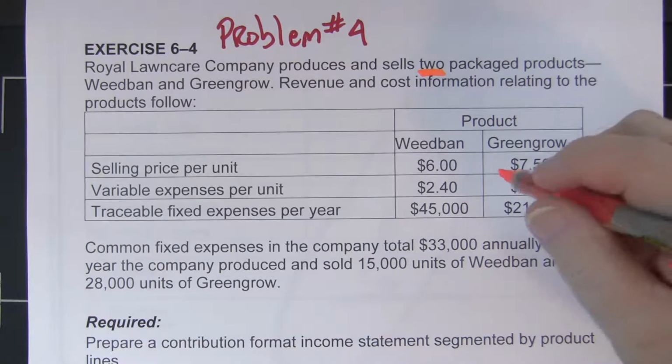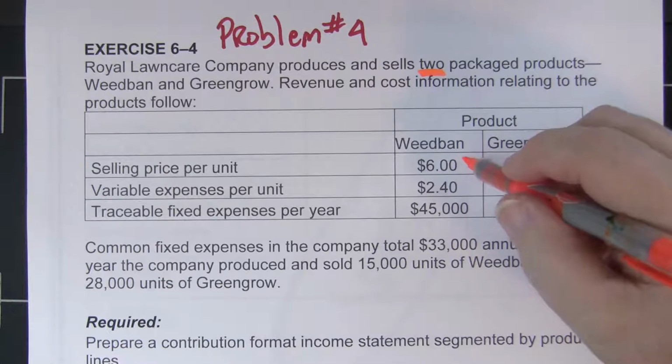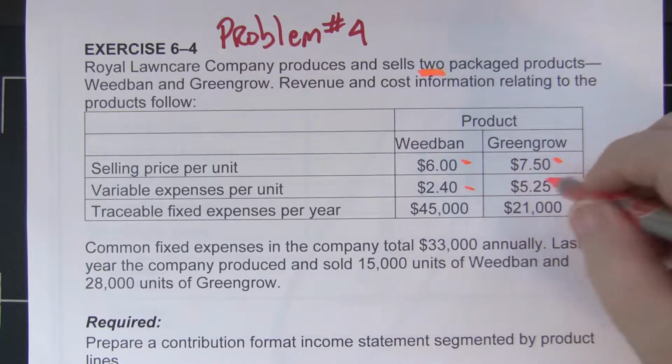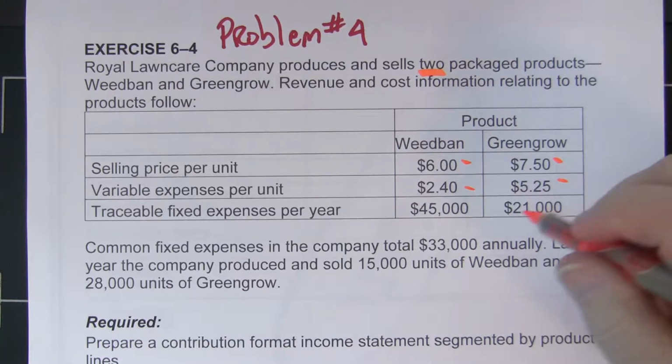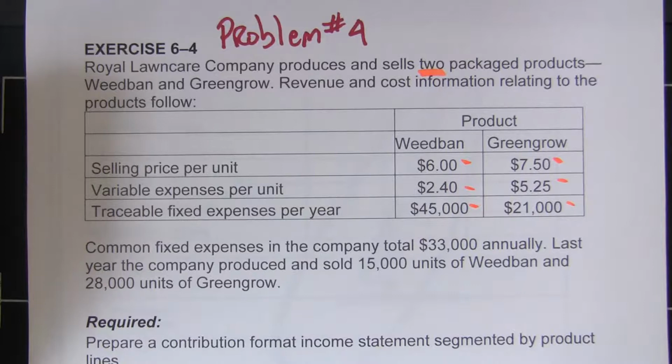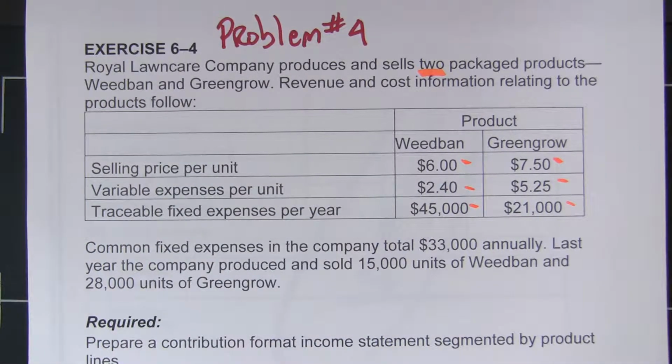So they give us the selling price per each unit. They give us the variable cost per each unit. And they give us the traceable fixed expenses for each product. Now remember, the traceable fixed costs are the cost of the Weed Ban production line, the Weed Ban factory, the Weed Ban insurance.